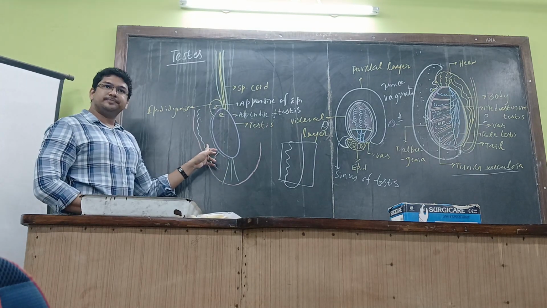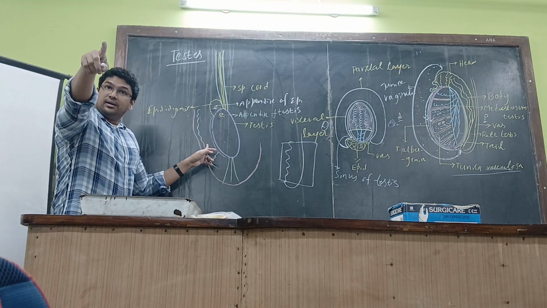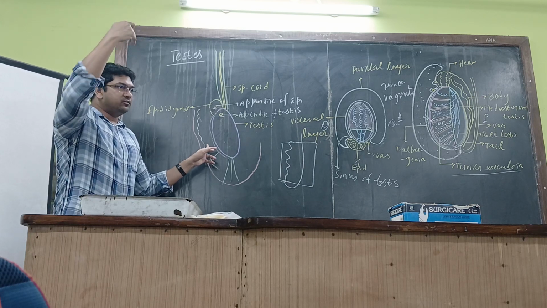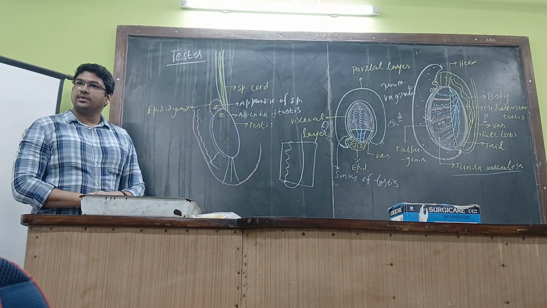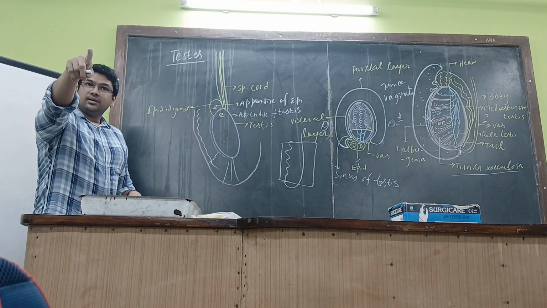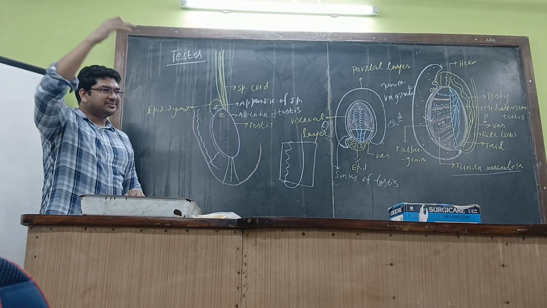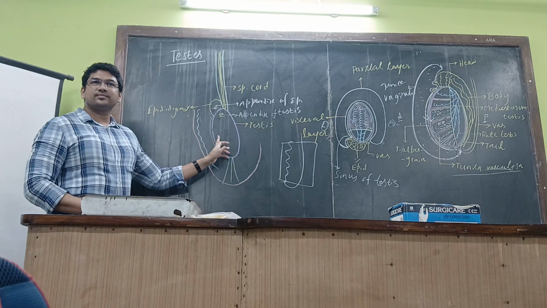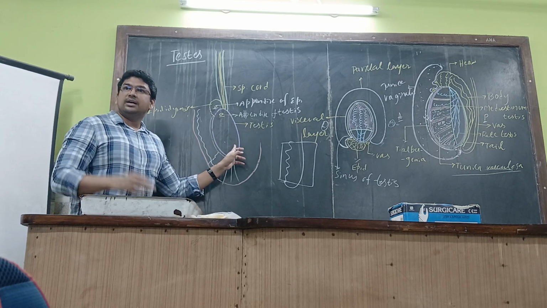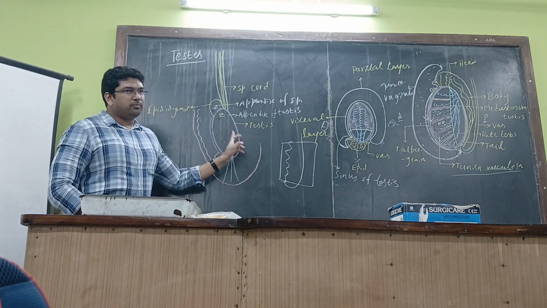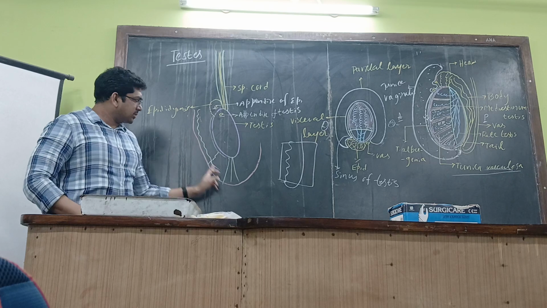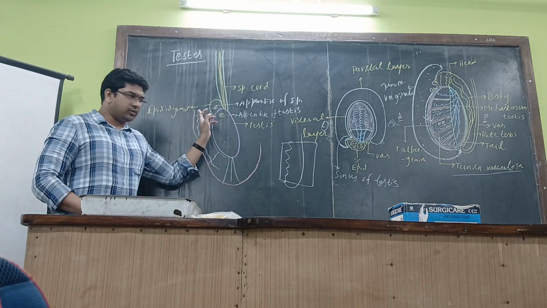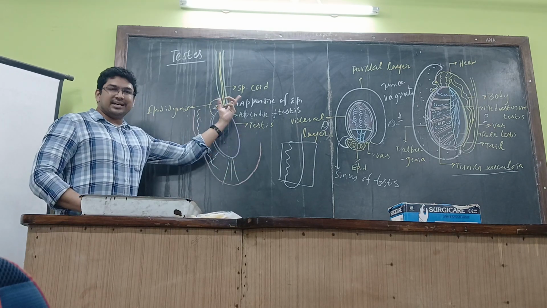Further deeper will be the external spermatic fascia, which arises from the external oblique aponeurosis, from the superficial inguinal ring. Then followed by the cremasteric muscle and fascia, because the cremasteric muscle also extends till the scrotum.